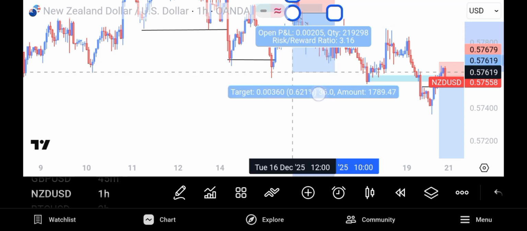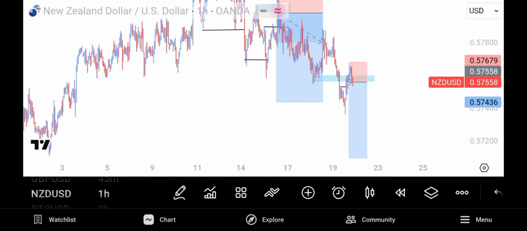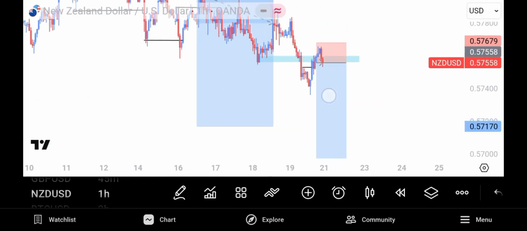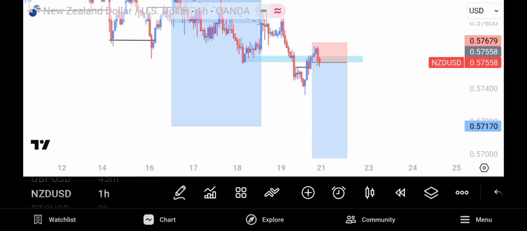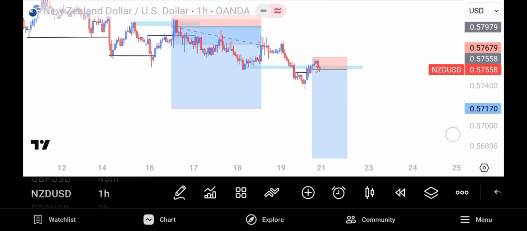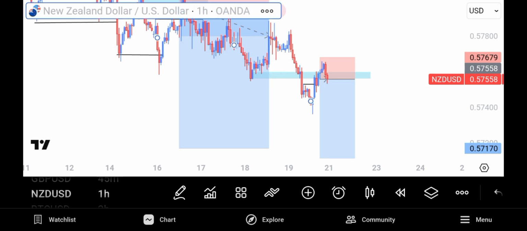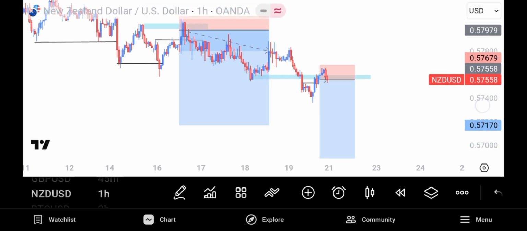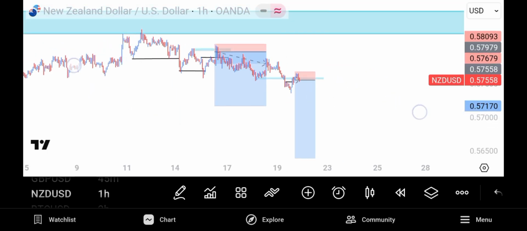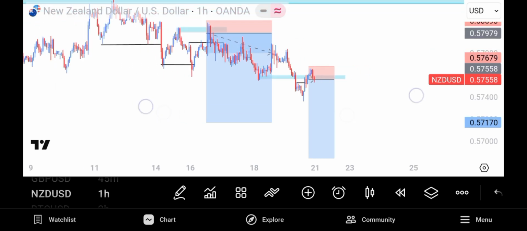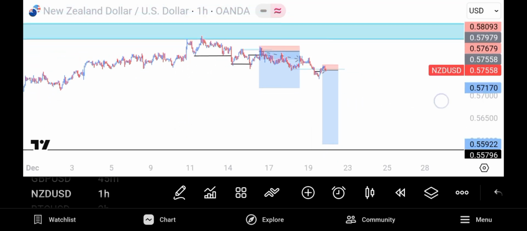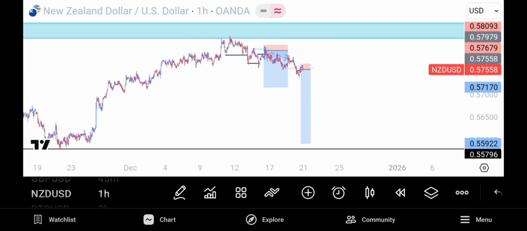So we are still in on this trade, right? I even got another entry recently. This was a breaker block entry right here. So don't worry, you're going to understand all what I'm saying very soon. So this was how I got the entry on NZDUSD.